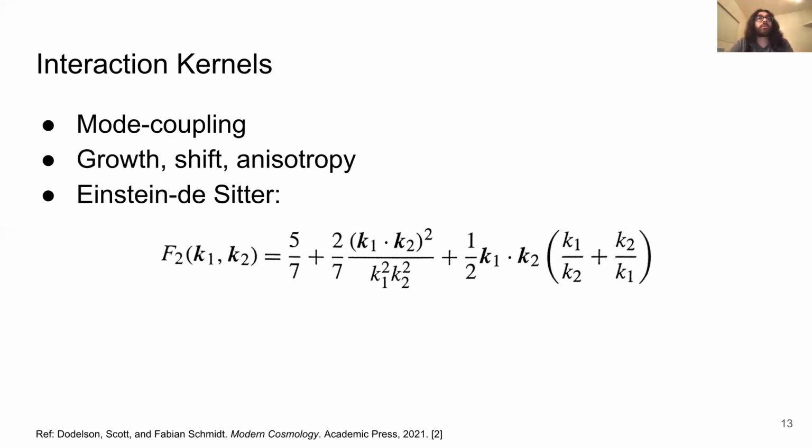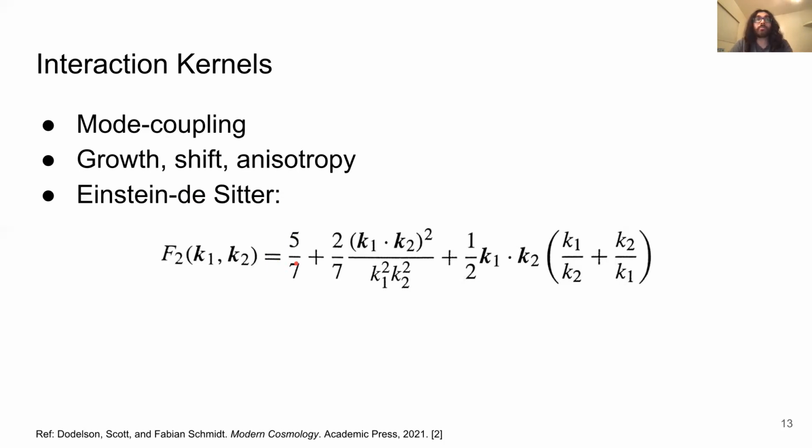So what's shown here is the F2 kernel for an Einstein-de Sitter universe, so omega matter only, no dark energy. And here we have these three terms. And each of these terms corresponds to a physical effect that's causing this mode coupling. So the first term here refers to the nonlinear growth of the perturbations.